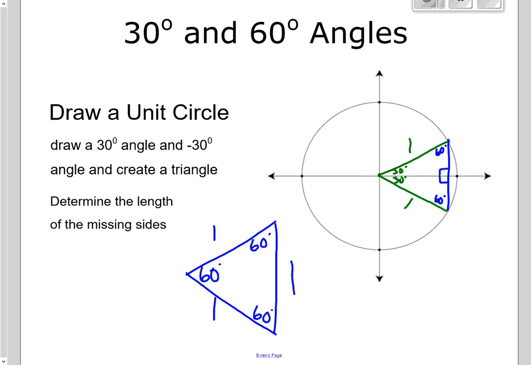All angles are the same. All side lengths are the same. And so if I just go back to my diagram, if this whole length is 1, that means to split those two triangles into 2, each of those lengths must be 1/2.